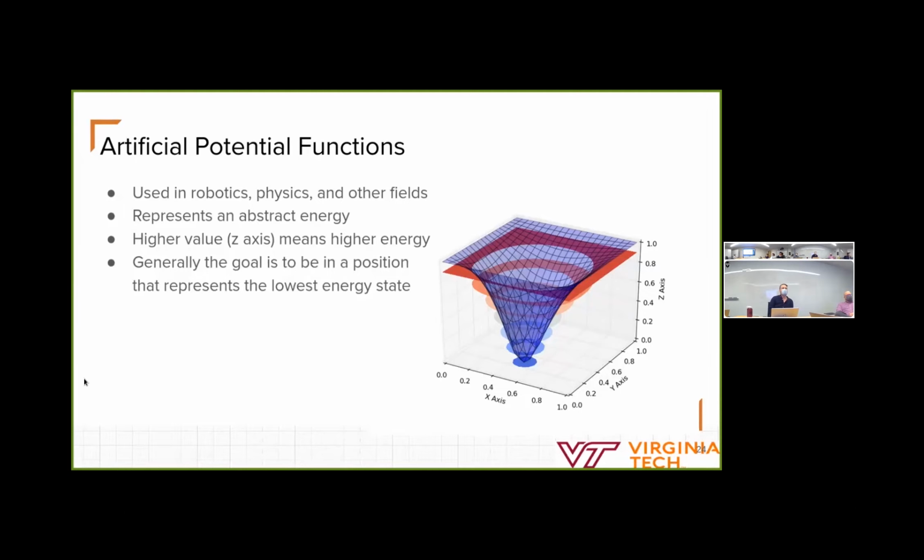Generally, the goal of a system is to be in the lowest possible energy state, so to be at the lowest value on that range. And then obstacles and boundaries are modeled to be on the highest point of that function.